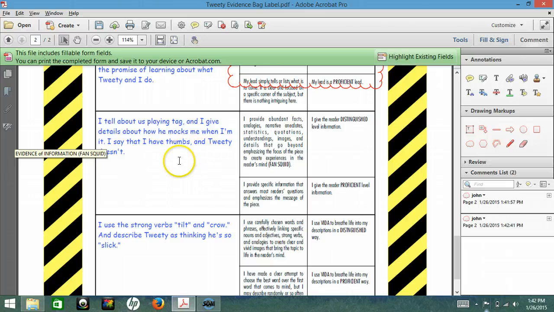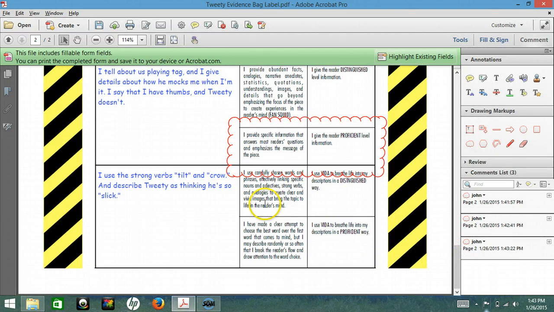I say that I have thumbs and Tweety doesn't. Well, that's really not abundant. That's just some specific information. And notice it is specific information. She didn't just write the words, I use specific information. She told us what the specific information was by copying it from her story. So she's going to box around with the cloud box here around the one proficient, because that's where she is there.